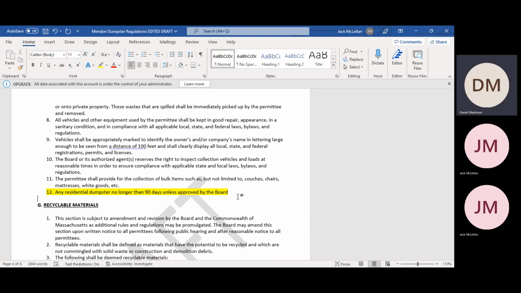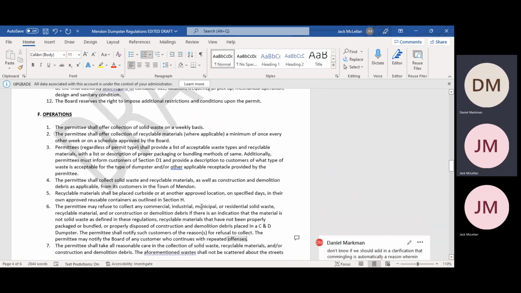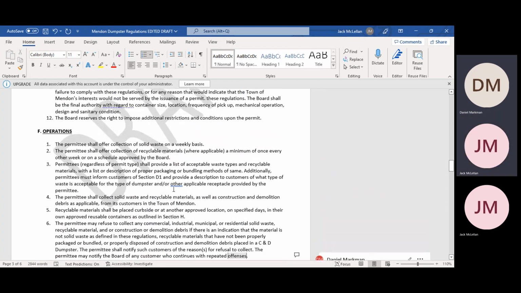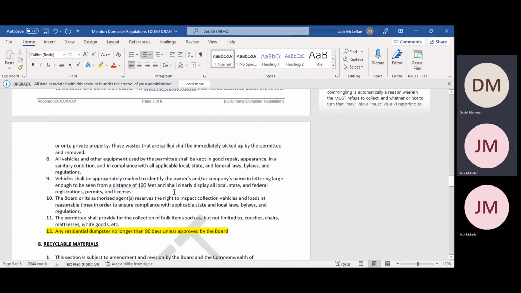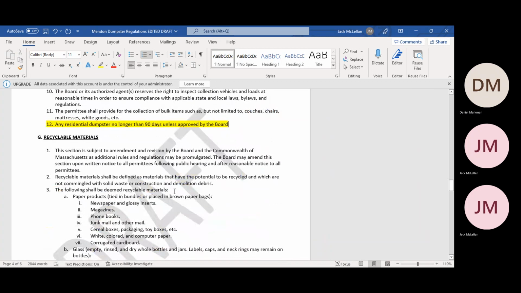And honestly, I would actually put that in section H, as section H13, rather than putting it under operations, just because it talks about a dumpster rather than the manner. Yep, that right there.